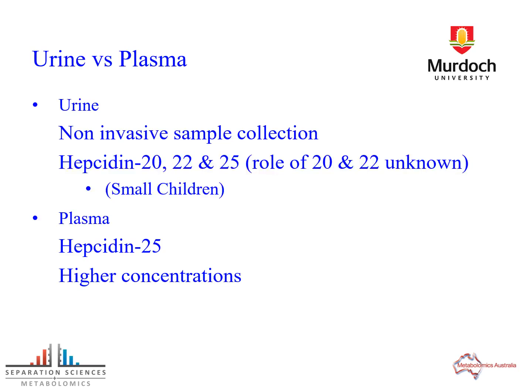And we also, like other groups, then started to think about, should we be making measurements in urine or plasma? Certainly urine has the advantage that it's non-invasive sample collection, so for small children, etc., it's in some ways more desirable. And we wanted to be able to measure Hepcidin 20, 22 and 25, even though the roles of 20 and 22 were unknown at the time.